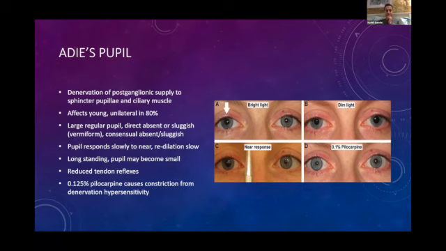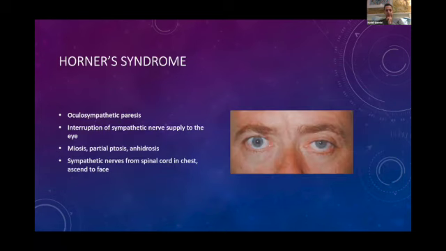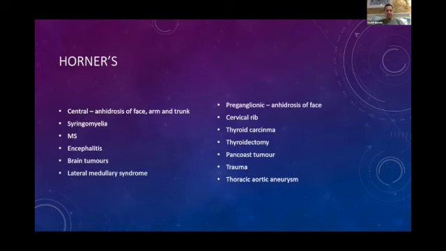Horner syndrome is an oculosympathetic paresis, so there's interruption of the sympathetic nerve supply to the eye. You get miosis, partial ptosis, and anhidrosis, so you can see that here. The sympathetic nerves from the spinal cord in the chest ascend to the face, and they can get affected at various places. It can be caused by various things, such as this list, but obviously we worry about thoracic tumors, thoracic aneurysms, and brain tumors, encephalitis in particular.